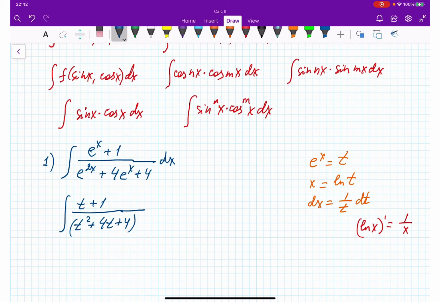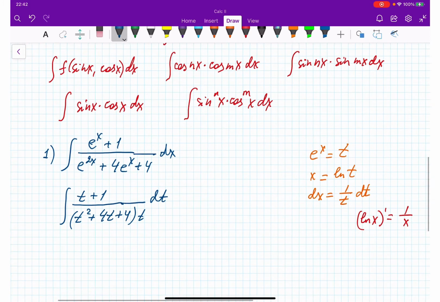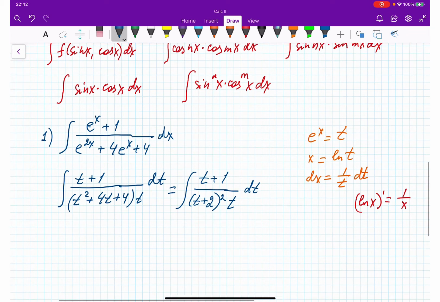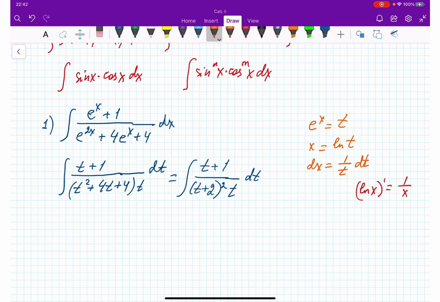And dt over t, right? Okay, so this is going to be equal to the integral of t plus 1. Here we are going to have t plus 2 squared. It's a perfect square, guys. t plus 2 squared times t, and here dt.